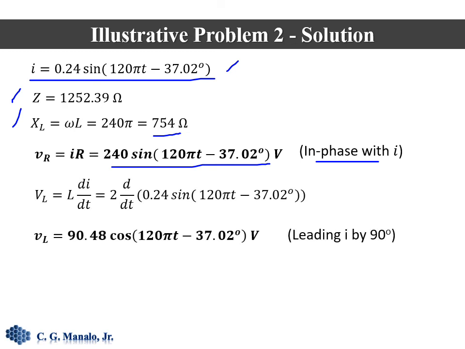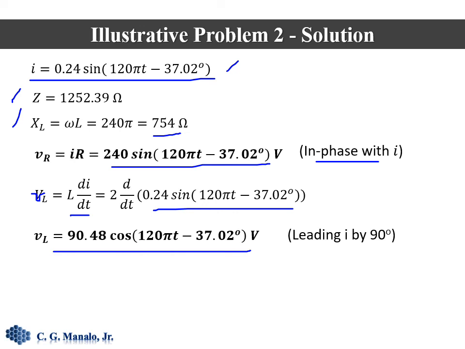For V sub L, we know that to be, well, this is a small letter v sub L, so that is L dI/dt. L is 2 henries. So we get the derivative of I, and that should give us this one.